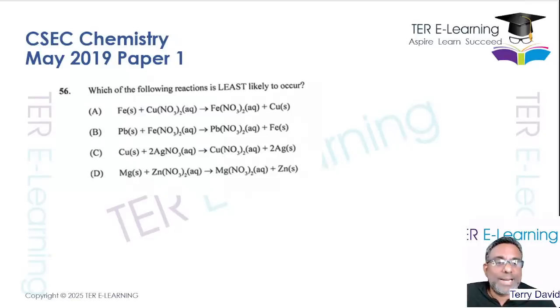Alright, so I've seen some people answering this question here, but this question requires some thinking. So you all need to know your reactivity series in order to answer this. So you need to learn this off by heart, this reactivity series.